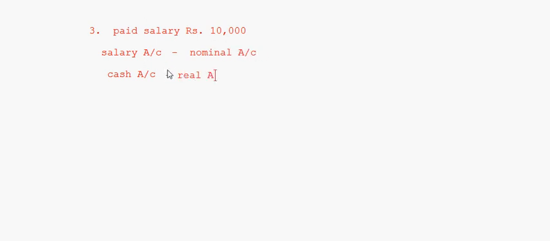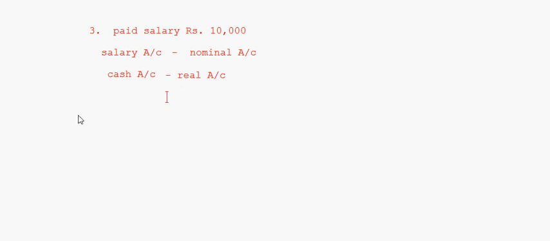Now one more. Paid salary rupees 10,000. Now here when you pay the salary, the first account that is involved is salary account, and we pay the salary in cash, so that is cash account. So salary account is a nominal account and cash account is a real account, right?